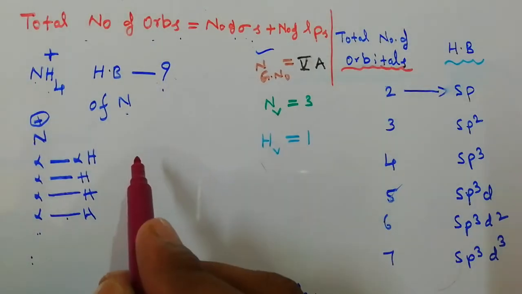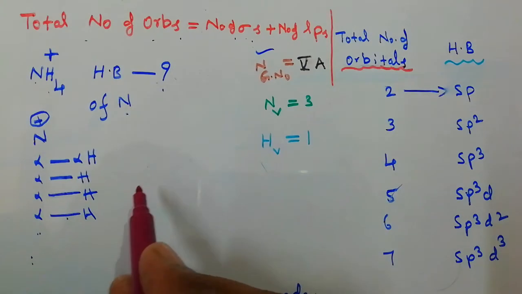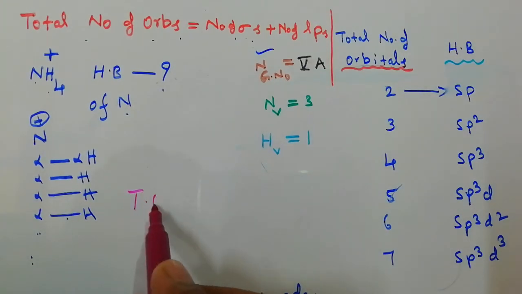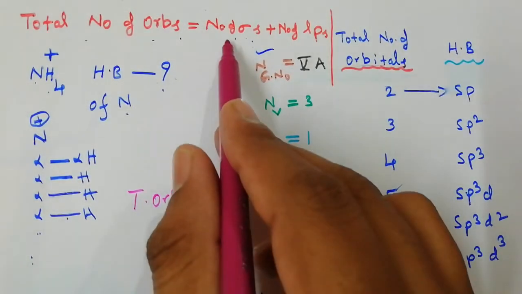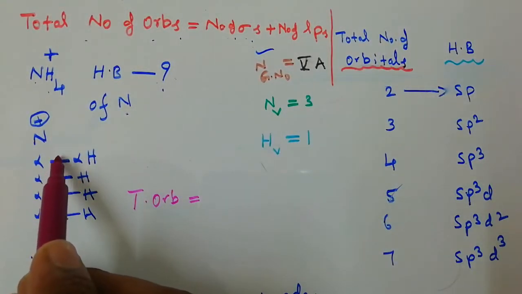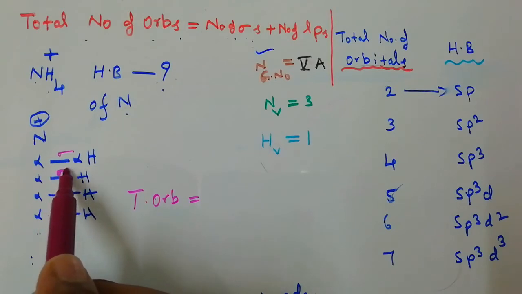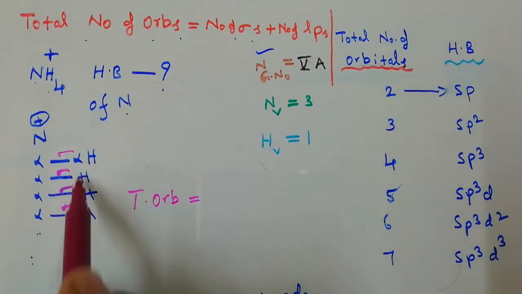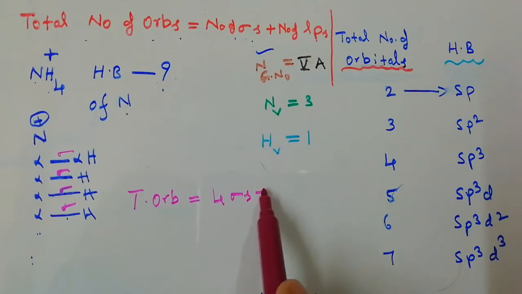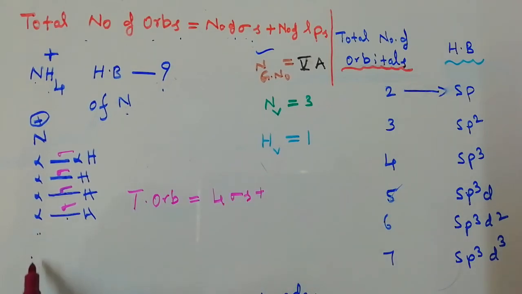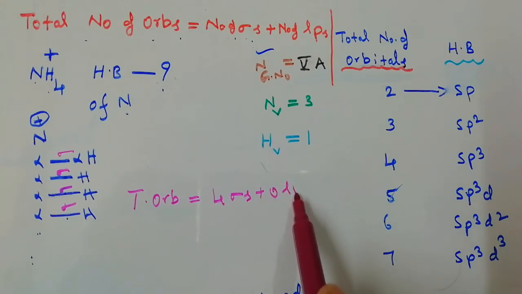So the total number of orbitals equals the number of sigma bonds. All single bonds are sigma bonds, so there are 4 sigma bonds. Plus, are there any lone pairs? For each 2 extra electrons, you take 1 lone pair. There are no extra electrons, hence you write 0 lone pairs.